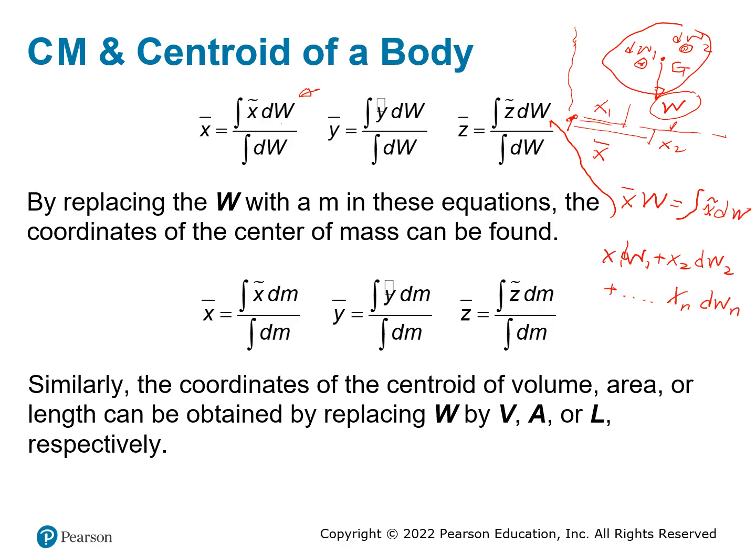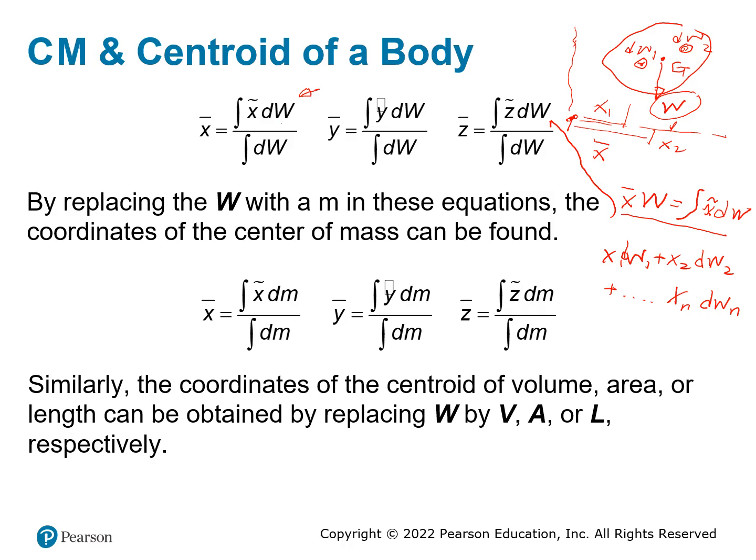If we make this a uniform smaller particle, then each one of them has the same amount of dW. And these will be equal, because they are simply the same object. We wanted to find a location where I can use the total weight to represent that.